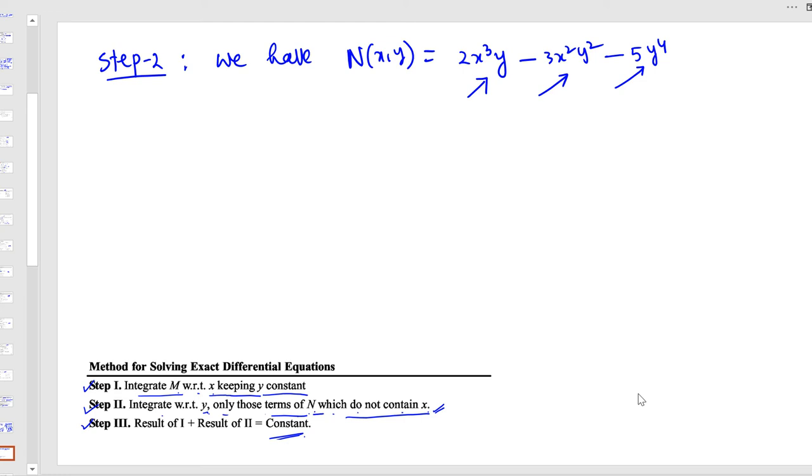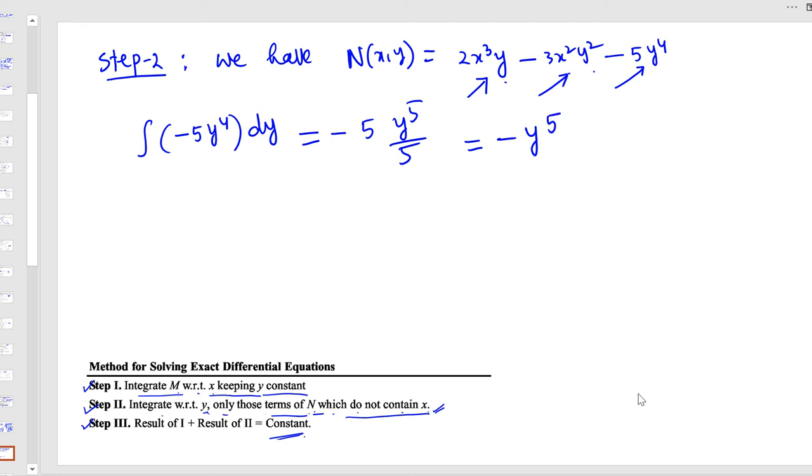So for that we need to integrate minus 5y to the power 4 with respect to dy. We will not consider the other terms. So here we have minus 5y to the power 5 by 5. So this is going to be minus y to the power 5.